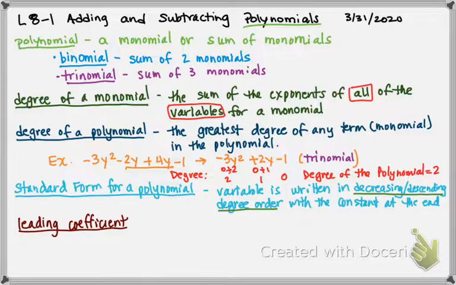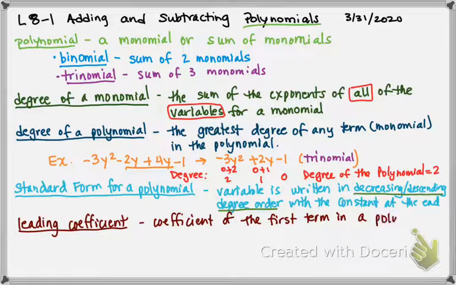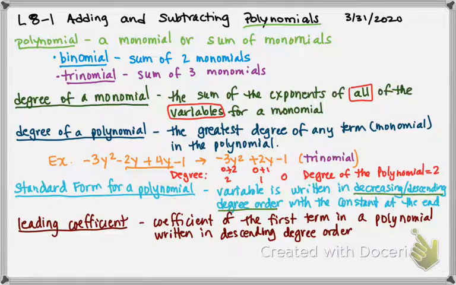Okay, so the leading coefficient is the coefficient of the first term in a polynomial written in descending degree order. So I'm not going to use that word decreasing, just making sure you understood what it meant.